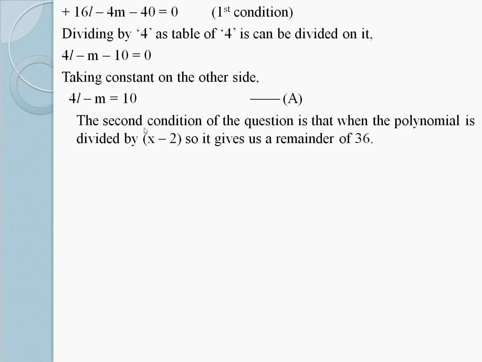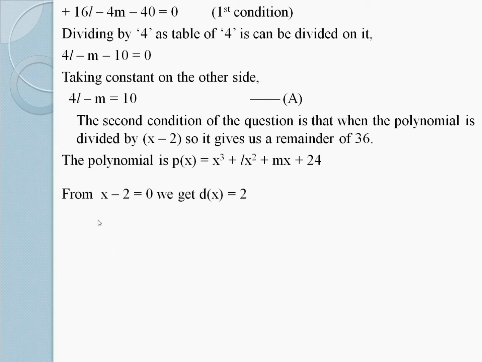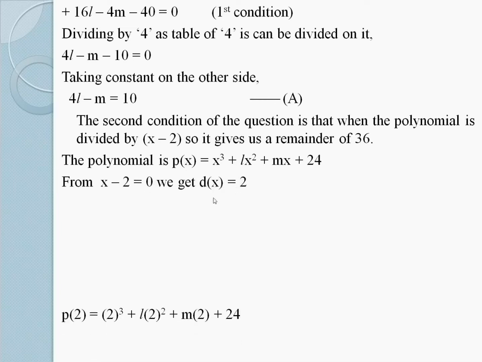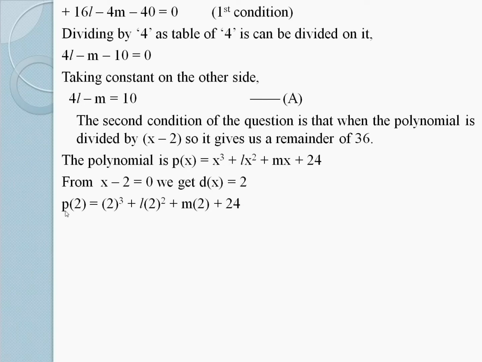Equation A. The second condition of the question is that when the polynomial is divided by x minus 2, it gives us a remainder of 36. The polynomial is p of x, x cube plus lx square plus mx plus 24. From x minus 2 equals 0, we get x equals 2. Replacing the value of x, p of 2 equal 2 raised to power cube plus l into 2 raised to power square plus m into 2 plus 24.